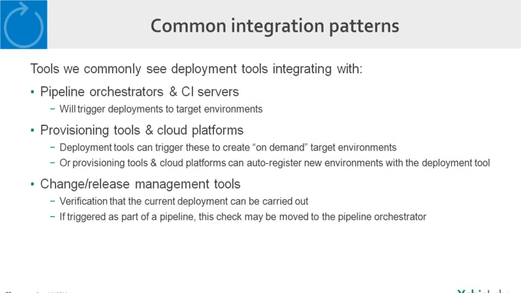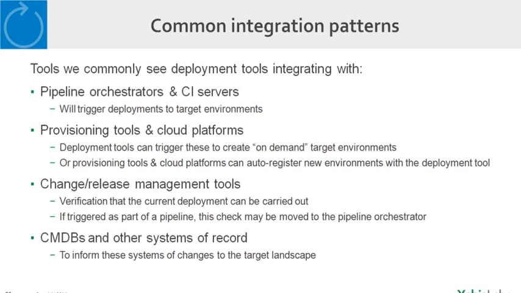We see a lot of people doing that with our deployment tool specifically, integrating with things like ServiceNow or Remedy. But more and more, as people put this into a continuous delivery pipeline, this kind of check goes into the pipeline orchestration. It's the step before the deployment step, to check whether all your conditions have been met for the deployment to actually kick off.